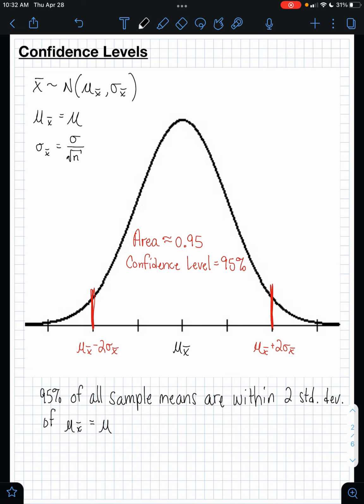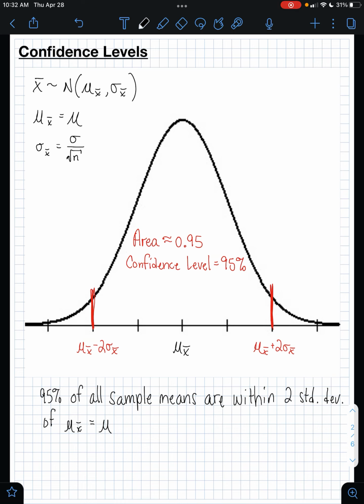Now, everything that we've set up here is based on the idea that we know the value of mu sub x bar, that we know the value of mu. Of course, the concept of confidence intervals in general is based on the idea that you don't know the value of mu. So how do we make this adjustment?